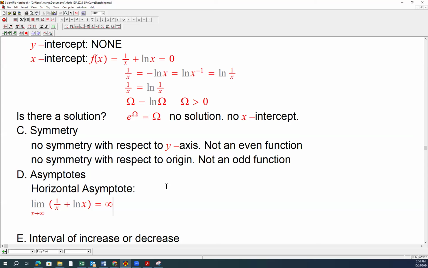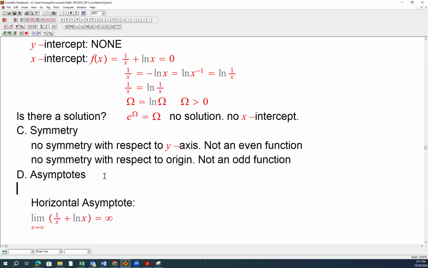If you have any doubt, this is not in product form, but there's no subtraction either. When x approaches infinity, 1 over x approaches 0, and this approaches infinity. So there's no doubt about that. It does not approach a constant.